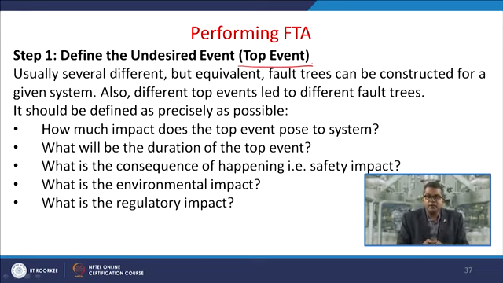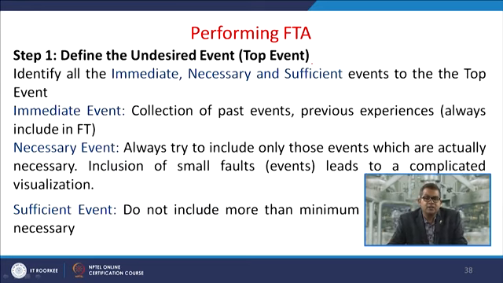What will be the duration of that particular top event? What are the consequences of it happening, that is the safety impact? What is the environmental impact? What is the regulatory impact? So you need to frame and answer all these questions.